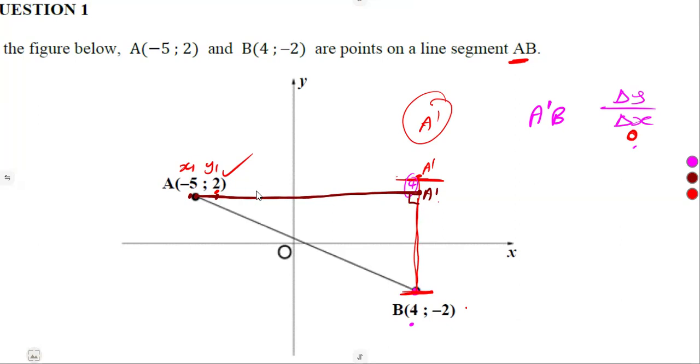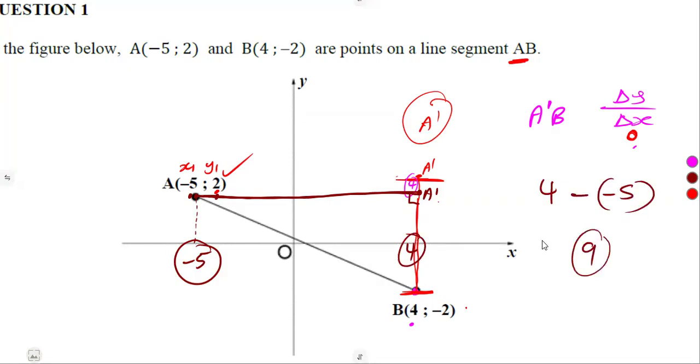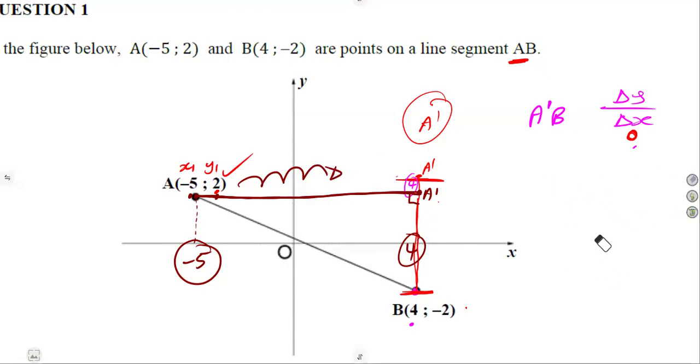So how many units? You work with x values. It's minus 5 here. The x value here is 4. So the difference, 4 minus minus 5, is 9. So we moved 9 units from minus 5 to the image in a horizontal direction. So that's a horizontal transformation of 9 units. Where are we going? To the right. That is the concept there.